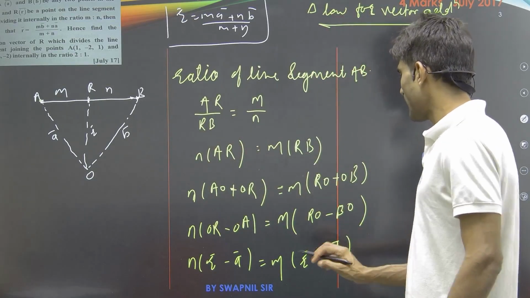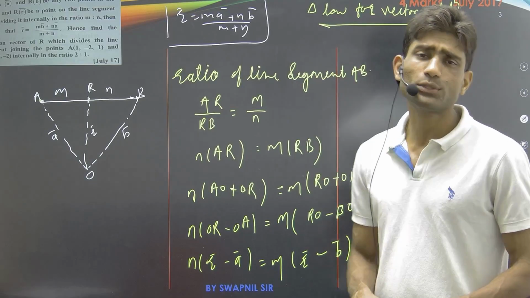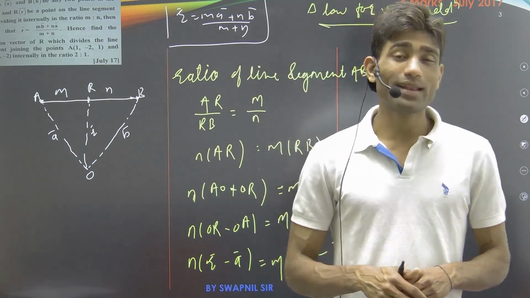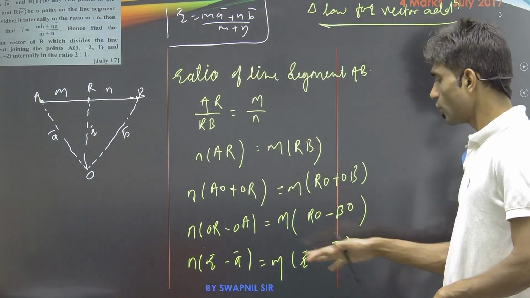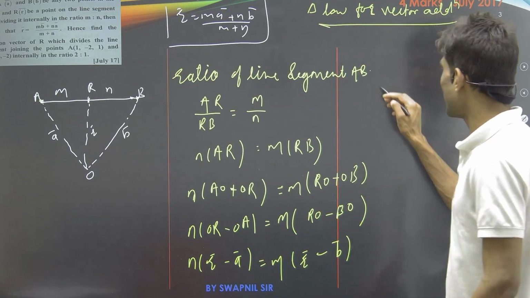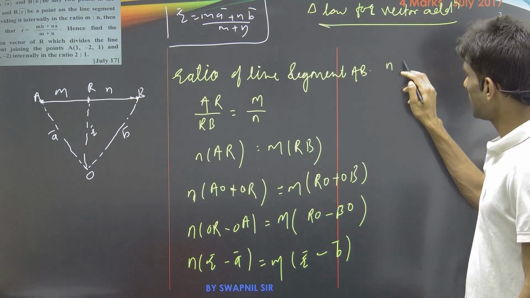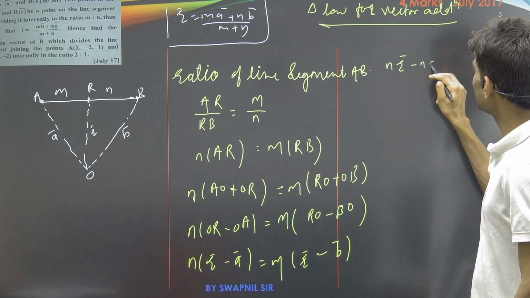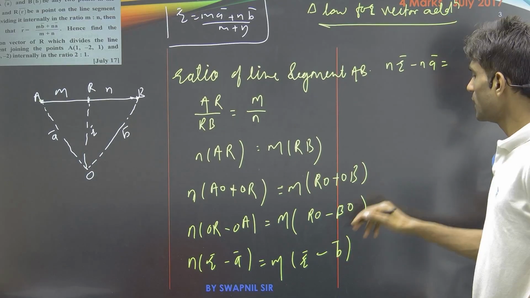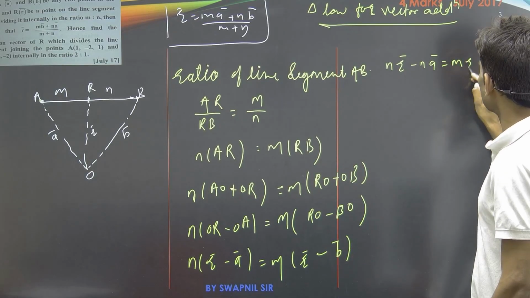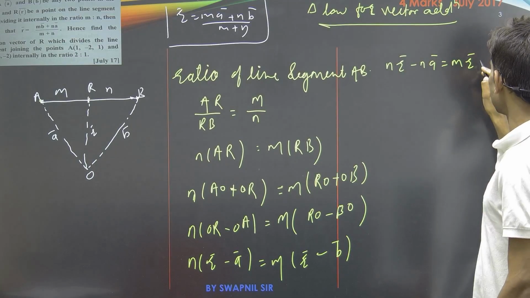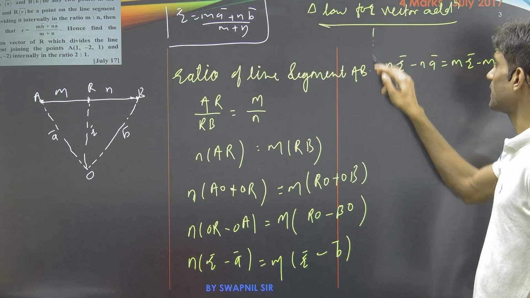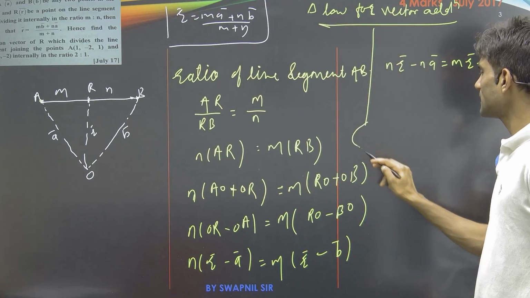Basically I just substituted the values for their position vectors from our line segment. So go for the multiplication under bracket: N times R bar minus N times A bar is equal to M times R bar minus M times B bar. These are the position vectors for our line, I just extracted these values.